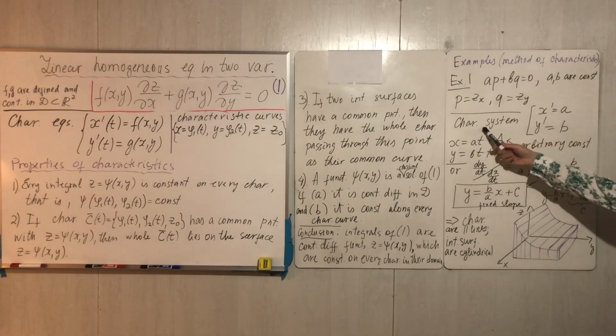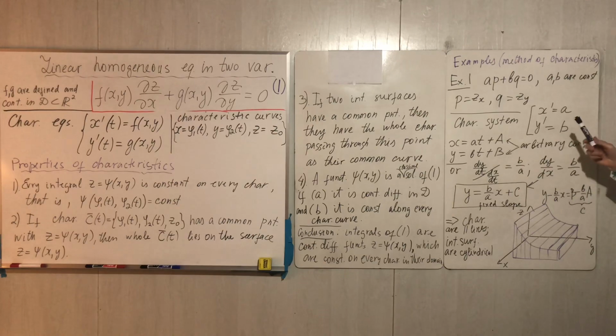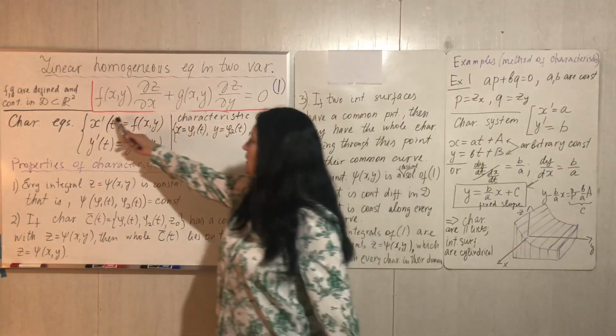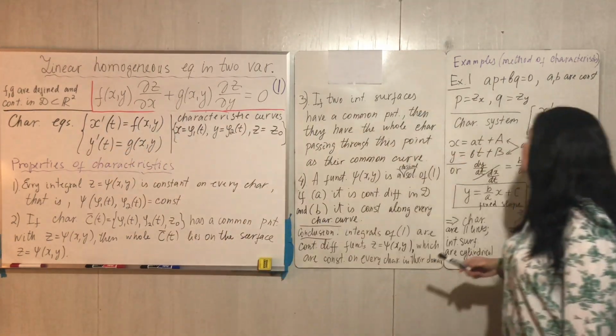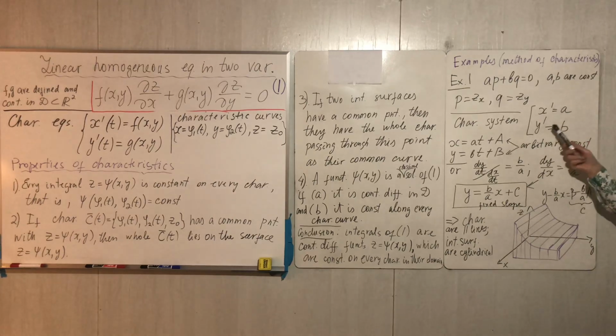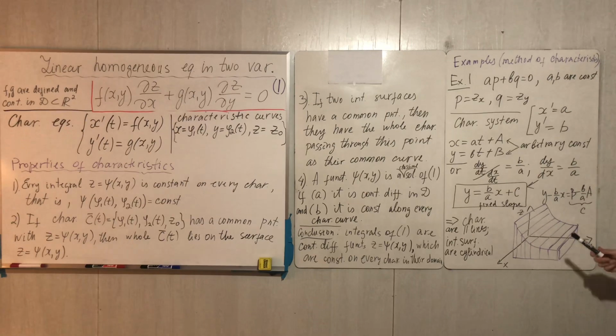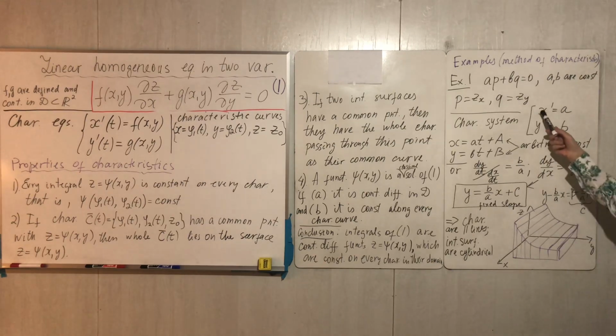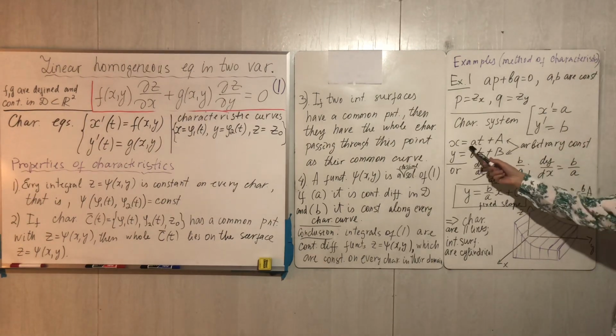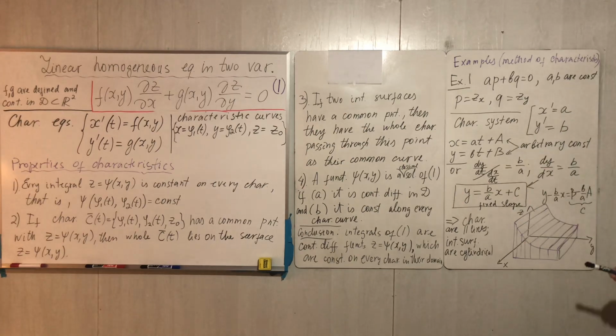So then the characteristic system for this equation will be x prime equals A and y prime equals B. We can integrate each equation with respect to our parameter t. So the solution to the first equation will be at plus a constant.